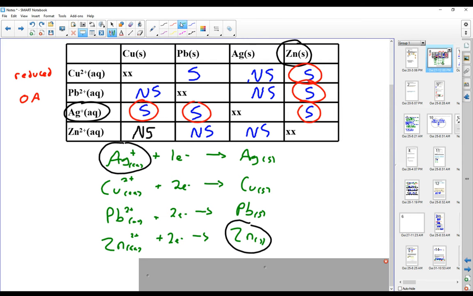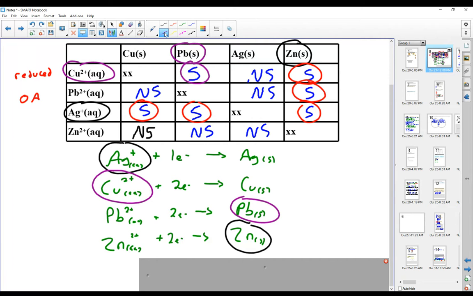Ones like copper, though, this is where it gets a little confusing, because copper 2+ is happy to react with lead solid. We go copper 2+, lead solid, spontaneous.